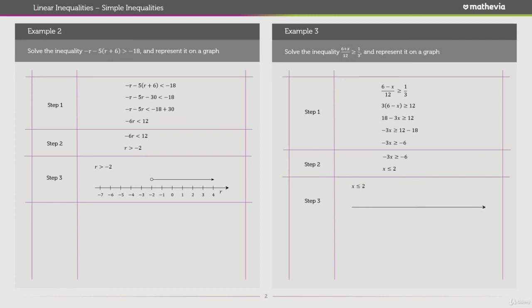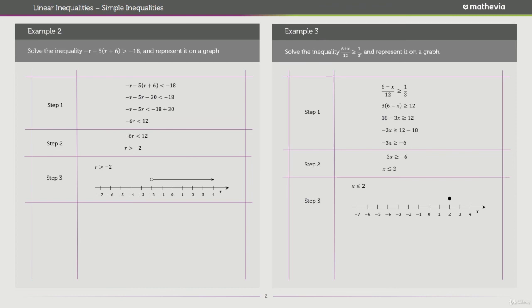So we have x is less than or equal to 2 on our number line. We introduce our points, and we have 2, and we're going to work with a solid circle indicating that 2 is actually part of our set of values, because x is less than or equal to 2.